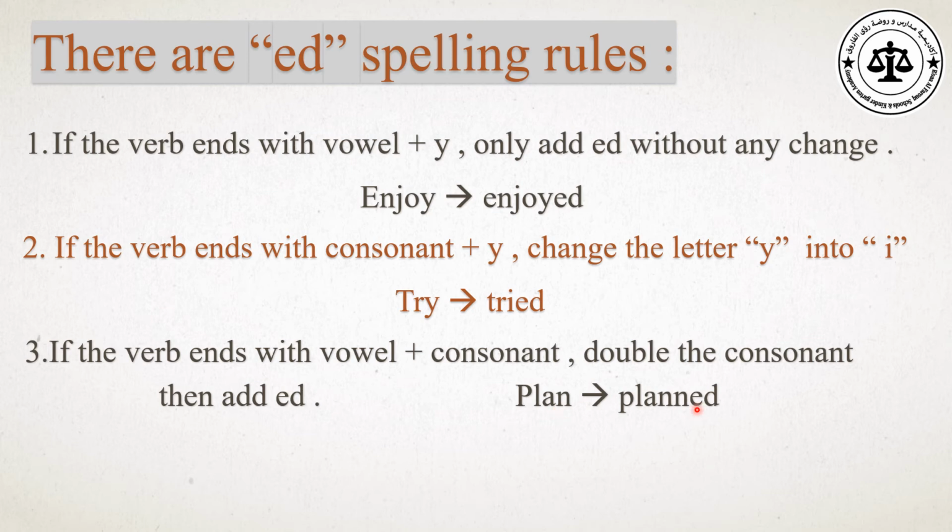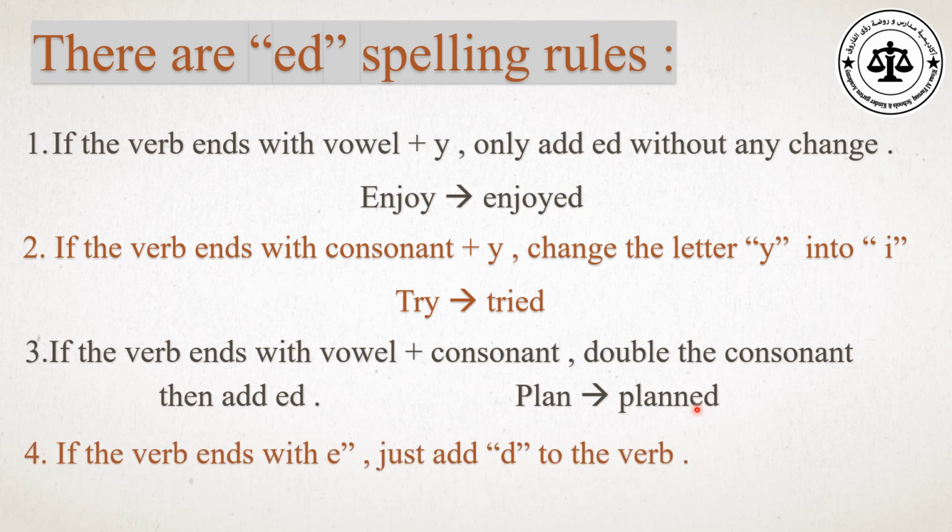Plan, planned. The last rule: if the verb ends with e, just add d to the verb. Like, it ends in e, we add just d. So these are the spelling rules to add ed for the verbs.